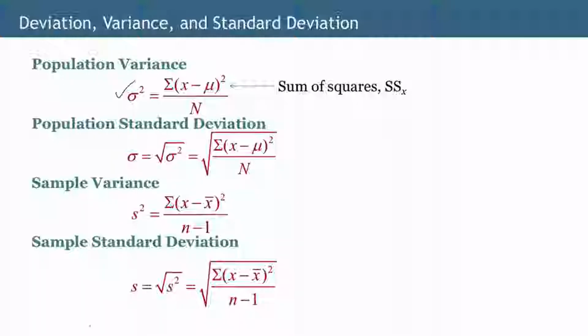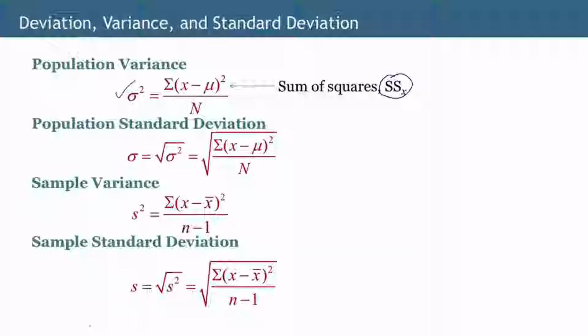And the formula says, we're going to take the deviations, square them, then add all those up. Which, by the way, some books shortcut or label as SS sub x, in other words, the sum of the squares for the variable x. And if it's a population, we'll divide by capital N.